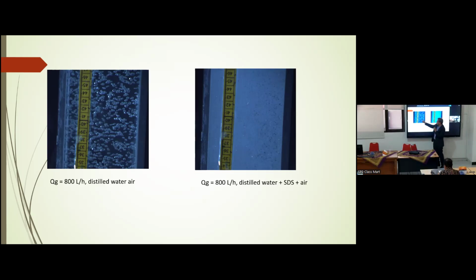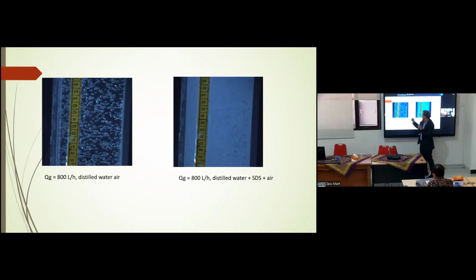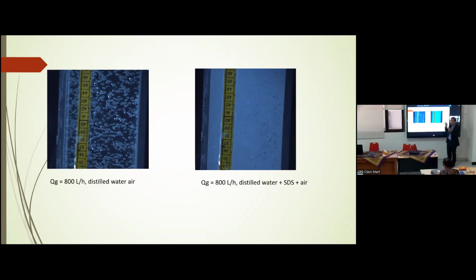Without collector, we have this picture; we can have an idea about the size of the bubbles. Here we have teeny bubbles. We put SDS as a collector, and it's difficult to have an idea about it. We have to analyze by special software to have an idea about the bubbles.